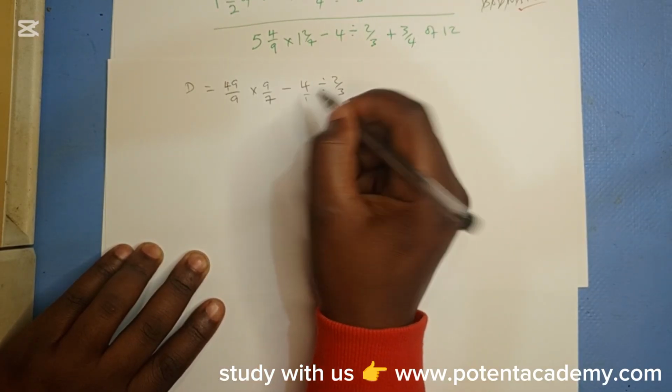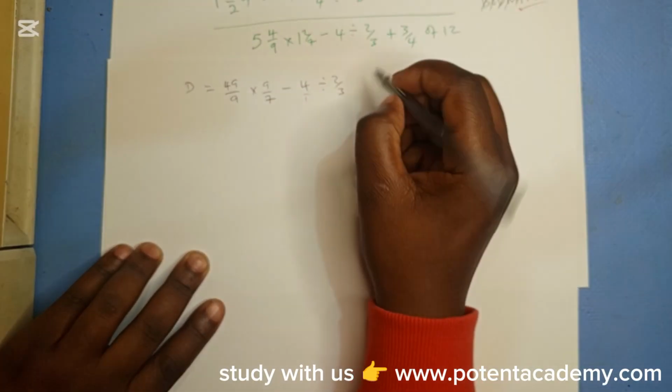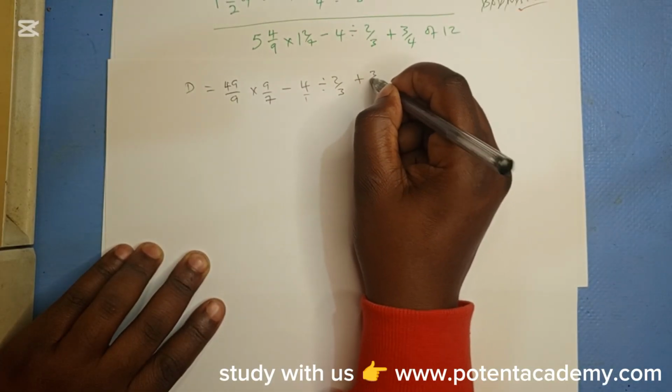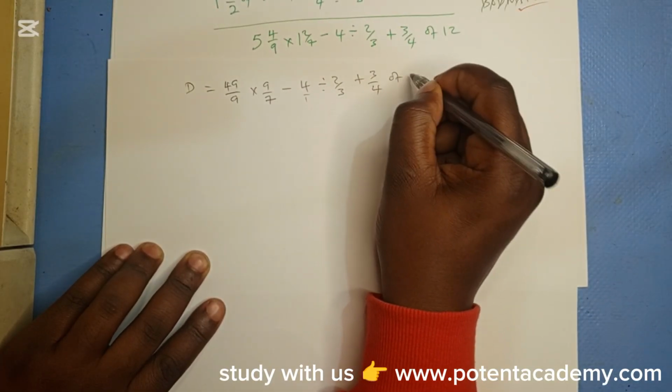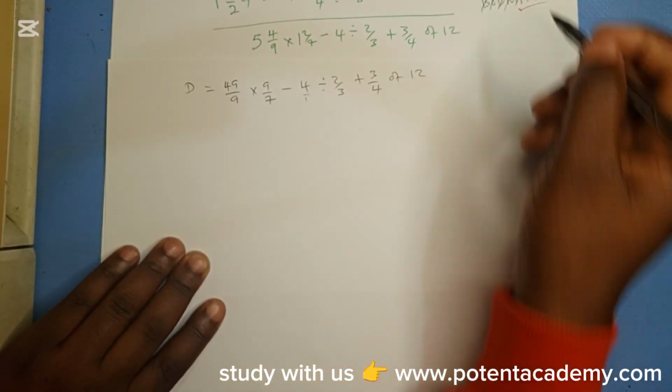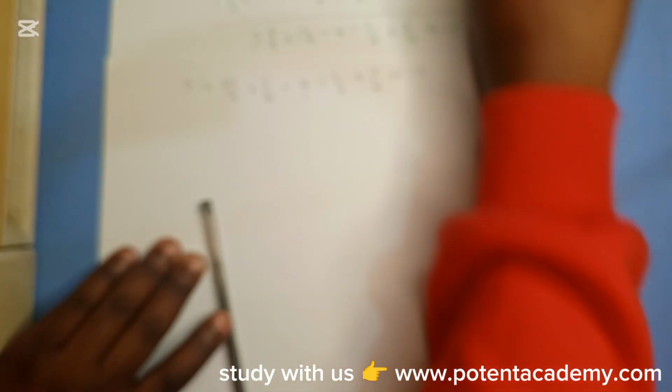This one you can see over 1, the whole number, or just leave it there like that, plus 3 over 4 of 12.